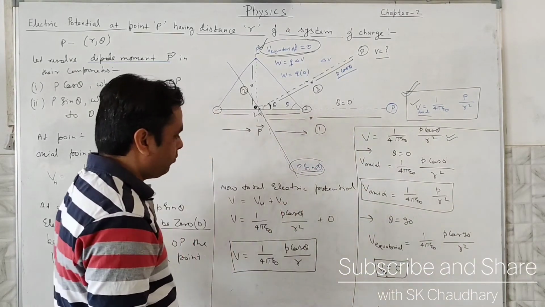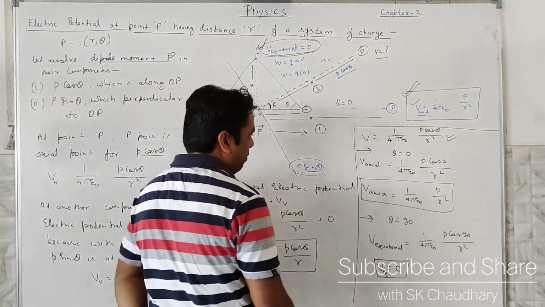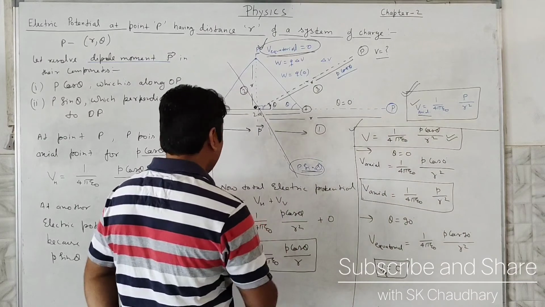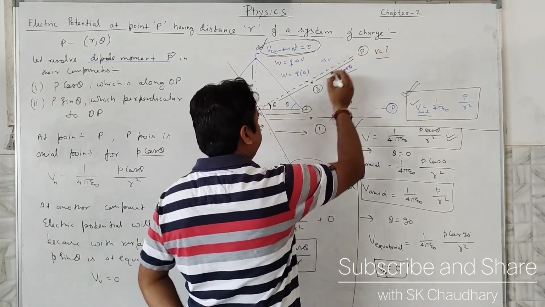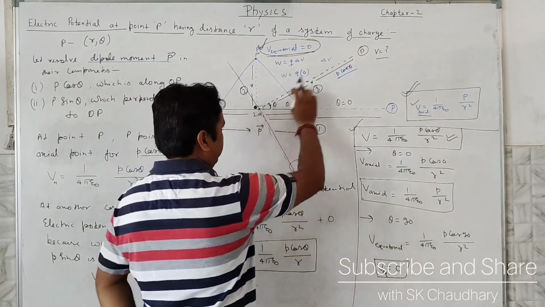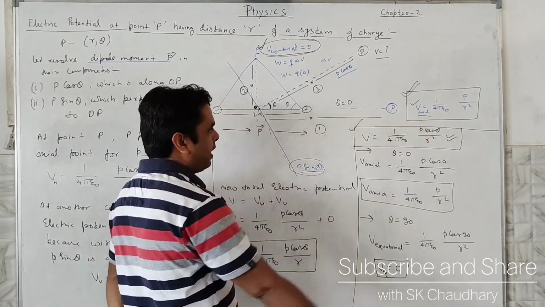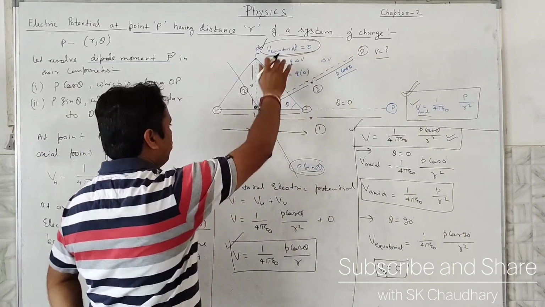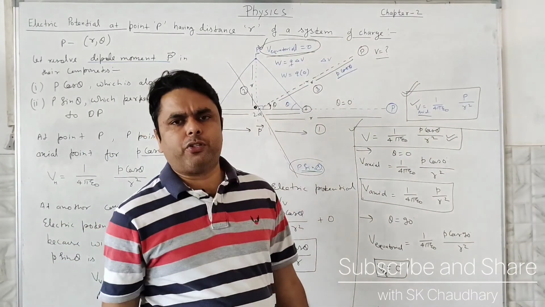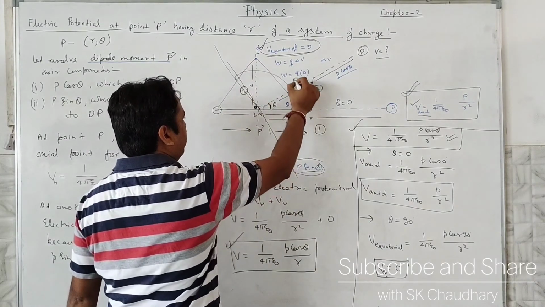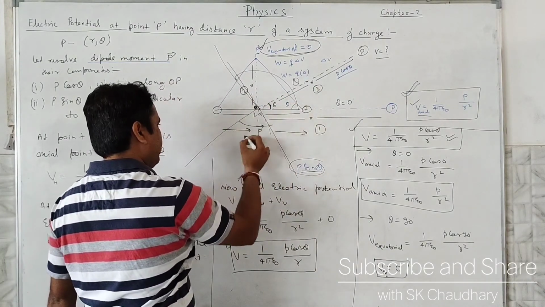So in that case we are able to configure that this formula, for an arbitrary point P having the angle theta and distance r, gives a conclusive formula which satisfies the axial condition and the equatorial condition, or any point with respect to the dipole, either the angle theta on this side or that side.